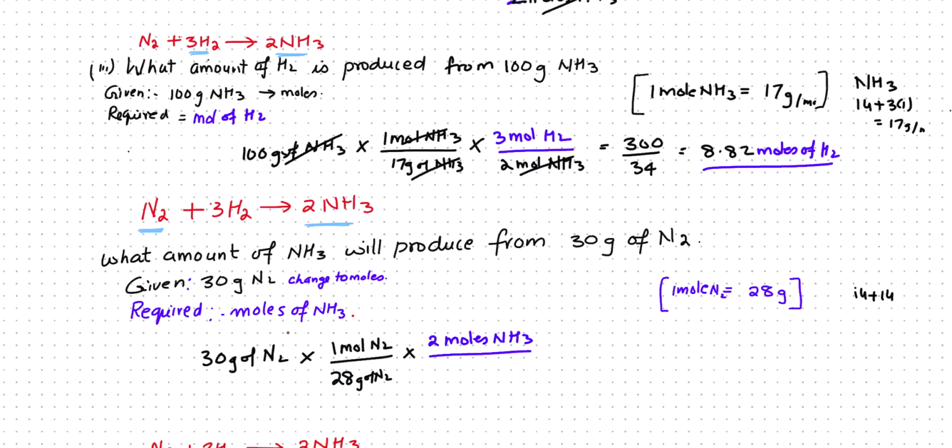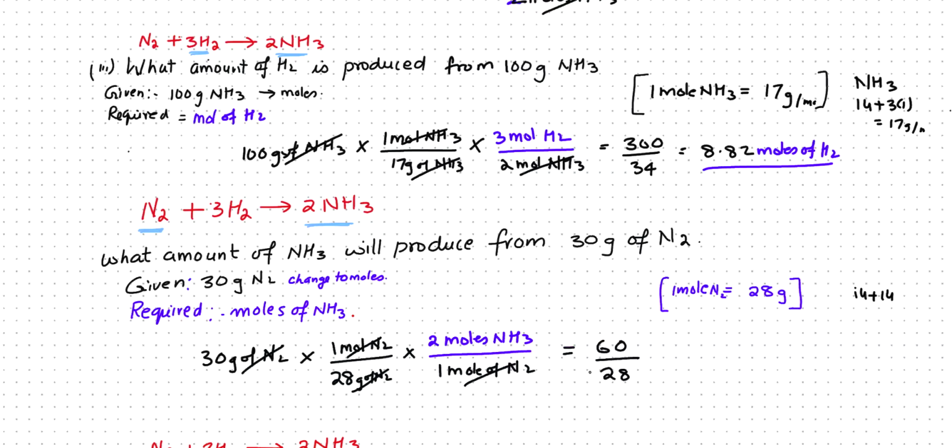1 mole of N2. So grams of nitrogen cancels, moles of nitrogen cancels. Now we have 30 times 2, that is 60, upon 28.